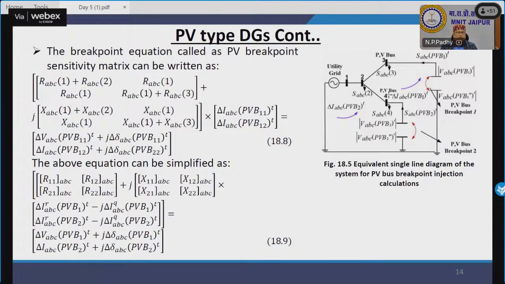The above equation can also be simplified as R matrix plus j times X matrix into your current matrix, which is equivalent to P plus delta. So 18.9 becomes a simple equation of R plus jX times I minus delta I ABC equal to delta voltage, that is change in voltage plus delta ABC.